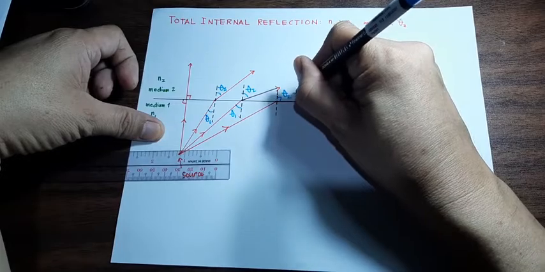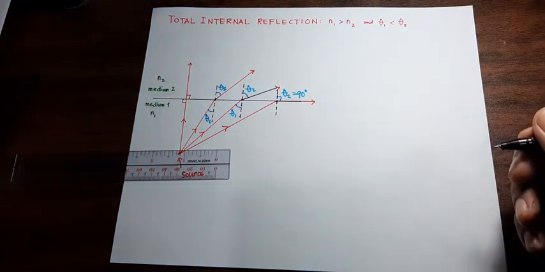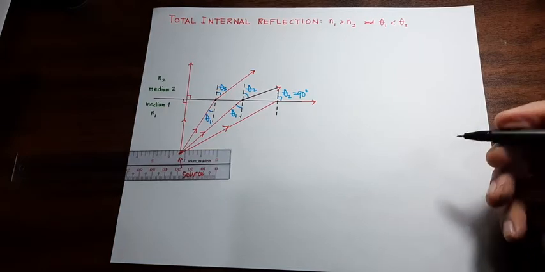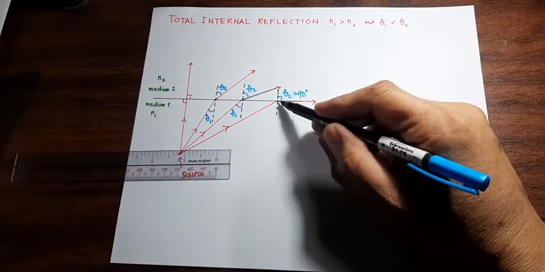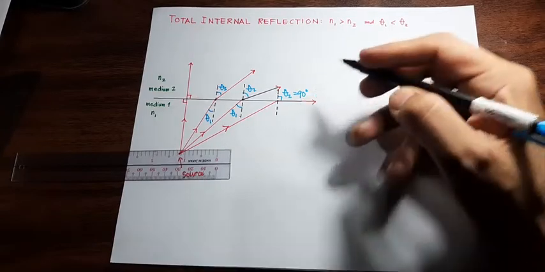So angle 2 is equal to 90 degrees. At that point, that's the limit of refraction right there, because 90 degrees is the maximum angle of refraction.